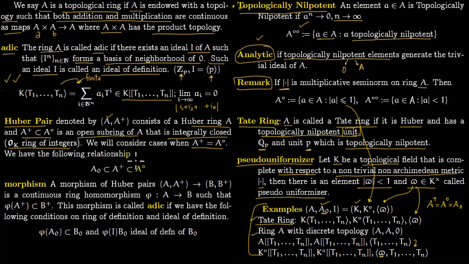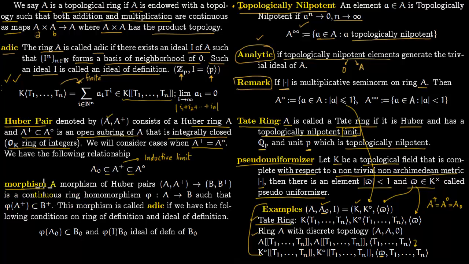But in general the relationship is like this. There are cases when all three of them are not equal. In fact, A plus is actually an inductive limit over all such rings of definition.